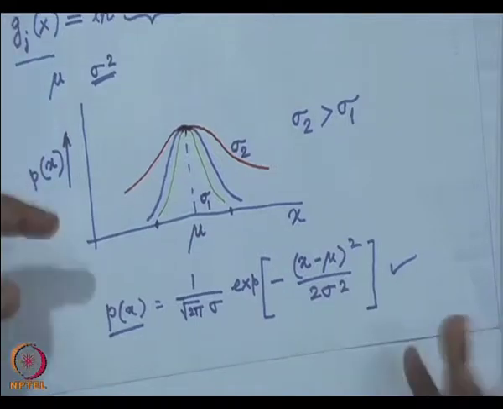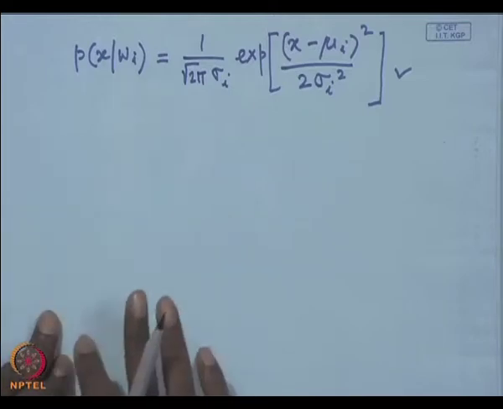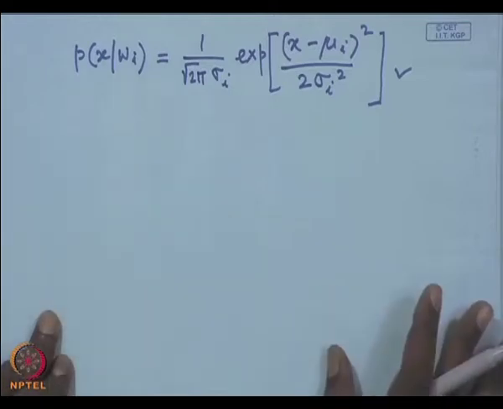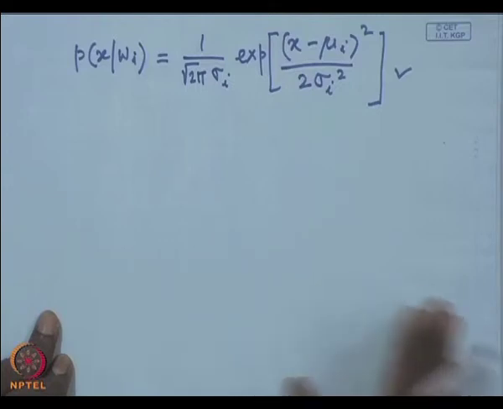We put all the samples together irrespective of the class belongingness of that sample. But when I look at this expression, that is p of x given omega I, I take only the samples from class omega I. I do not take samples from class omega j, where j is not equal to I.